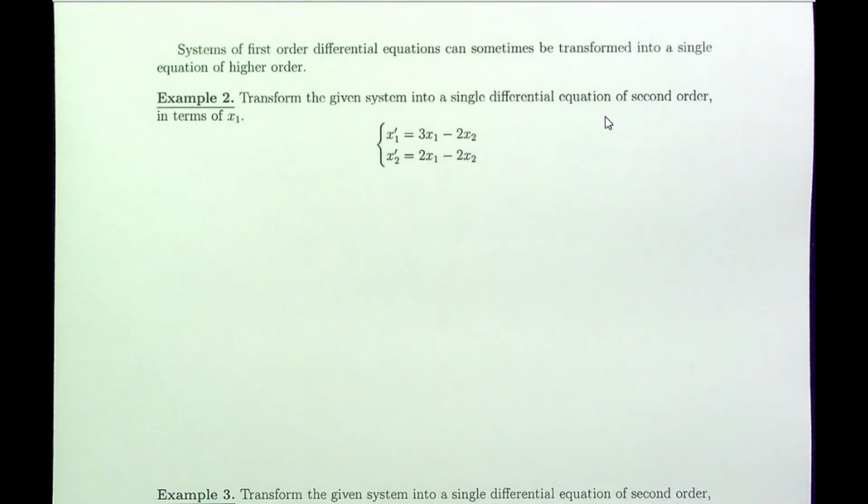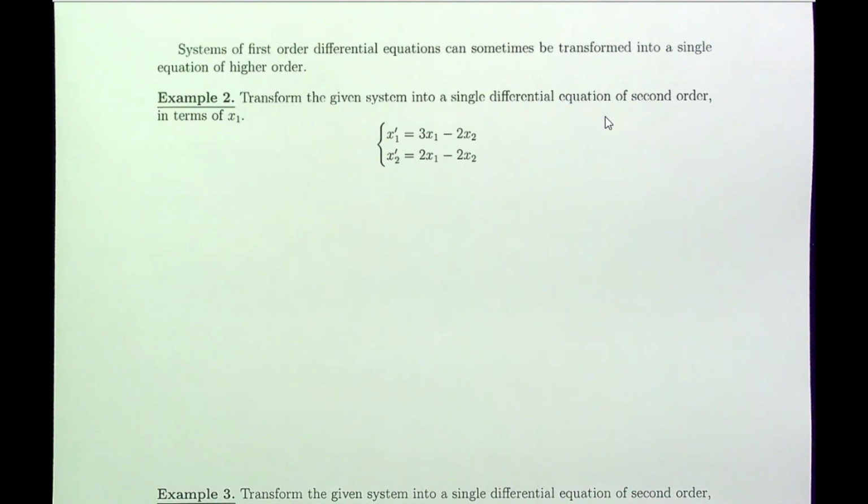So here we have this system that has two dependent variables, x1 and x2. Remember, we're assuming that the independent variable is t. There's no t's in there, it's implicit. But either way, our goal is to transform that into a single differential equation.